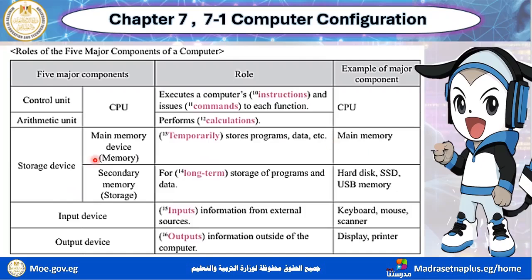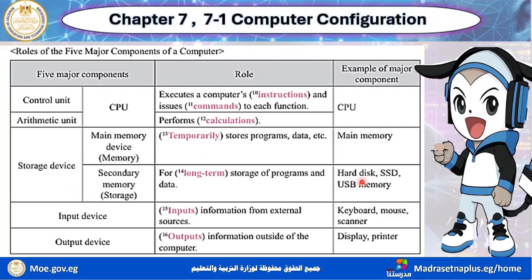Well, what about the secondary memory storage? Secondary memory storage is for long-term storage of programs and data. So it stores for a long term, long days, or hours, or maybe years. Like what exactly?